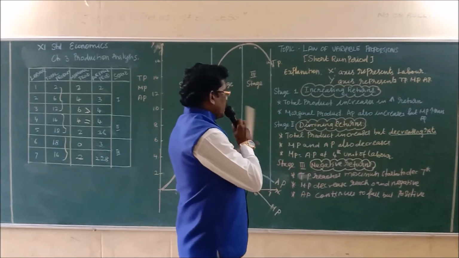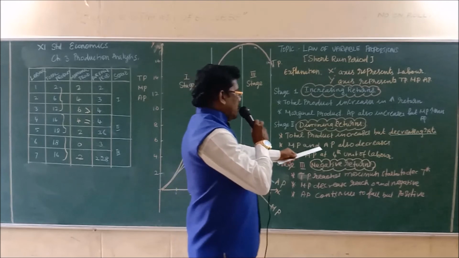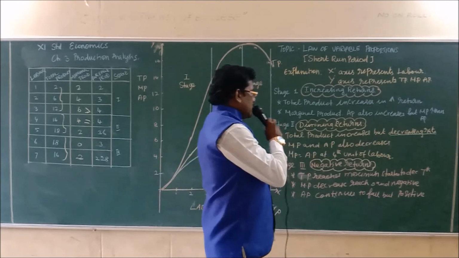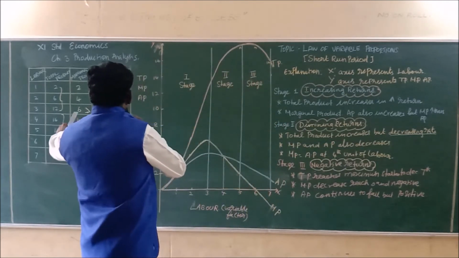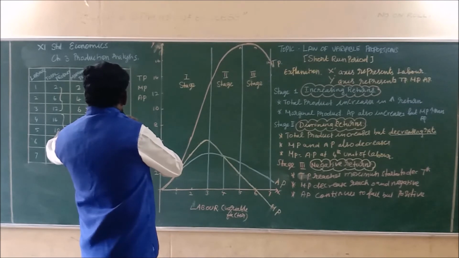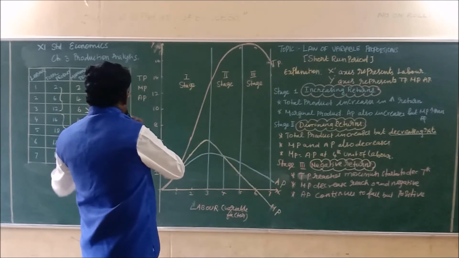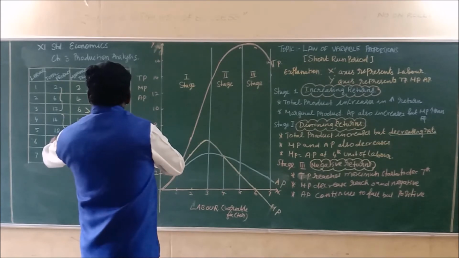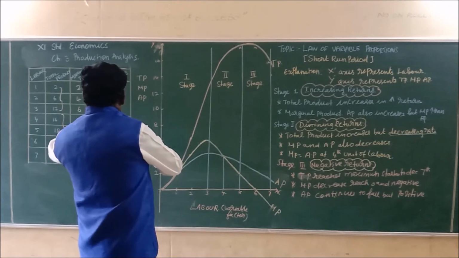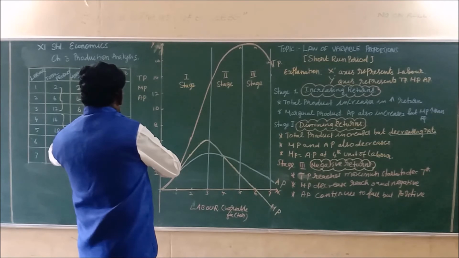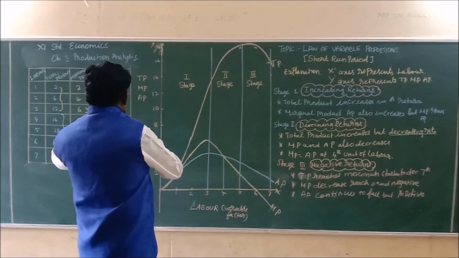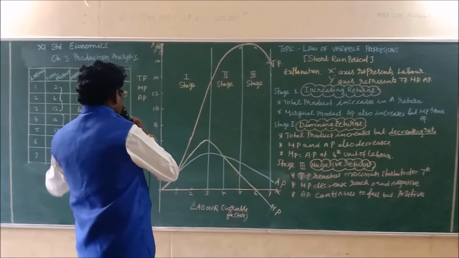Next, the marginal product and average product also decrease. See the second stage: 6, 4, 4, 2, then 4, 3.6. In the second stage, the marginal product decreases. 4 has come down to 2. In the same way, average product has decreased from 4 to 3.6.